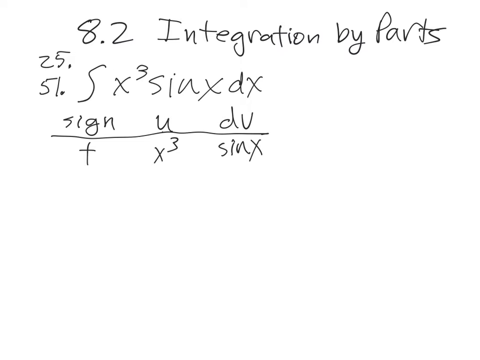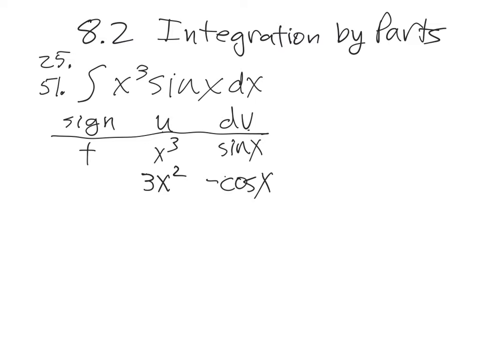I think he was putting the dV down here and then doing the V up here. But the idea of what we do with the U and the V will be the same, just set up a little differently. So in this case, V would turn out to be what? Okay. And then du, and get 3x squared.